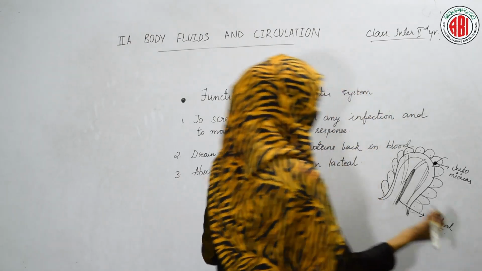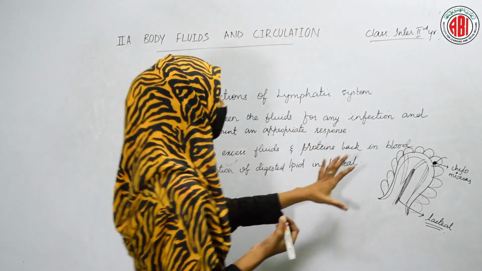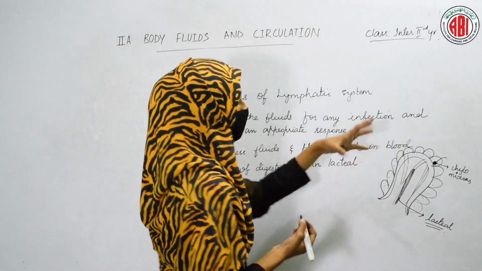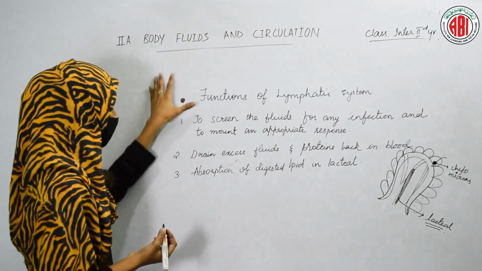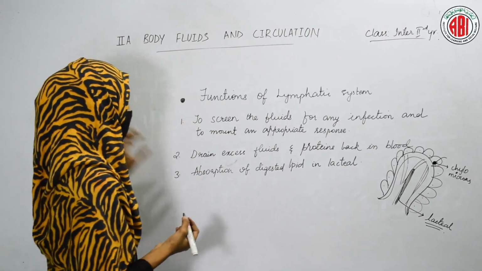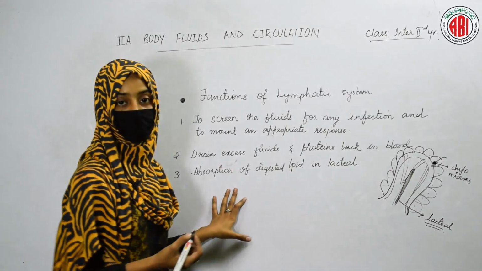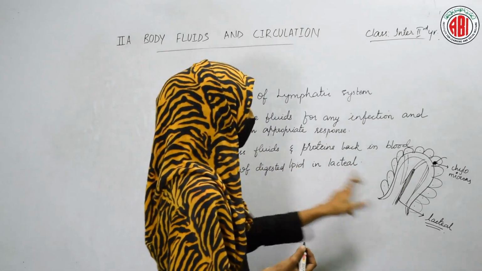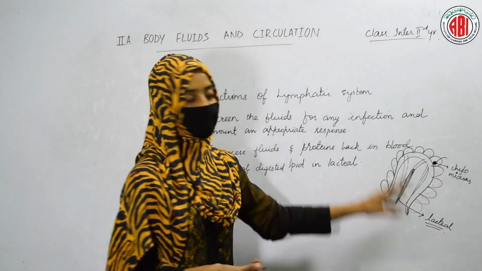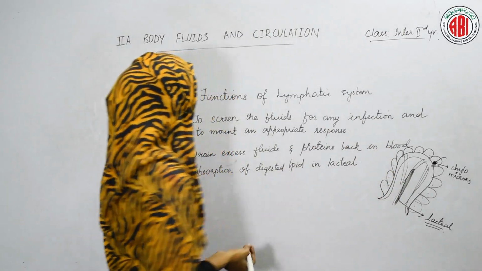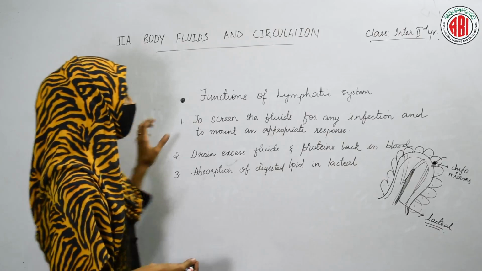So the lacteal is a lymph capillary which absorbs fats. In this way, the lymphatic system also helps in the absorption of digested lipids in the lacteal. So these are certain functions of our lymphatic system.